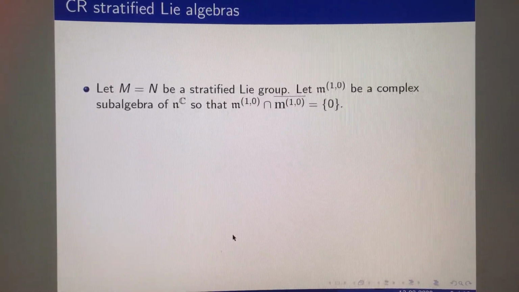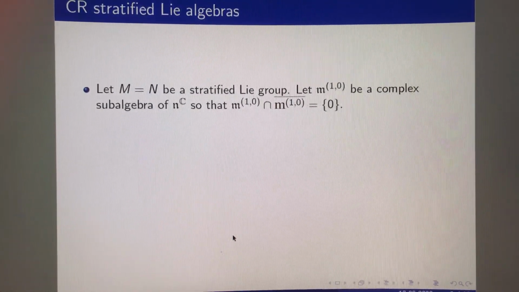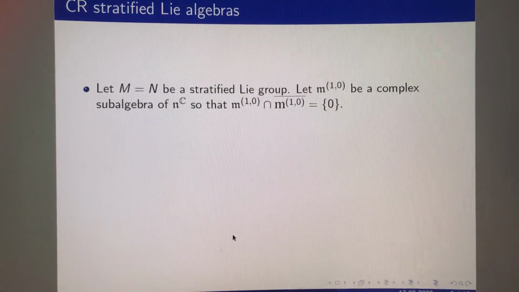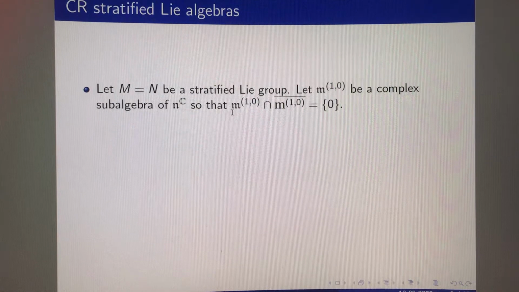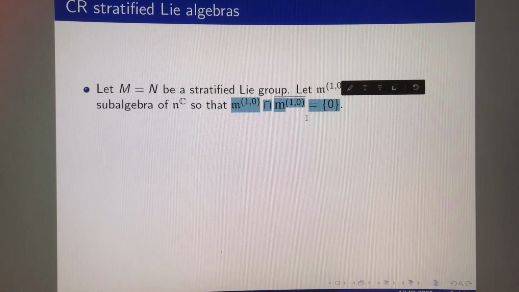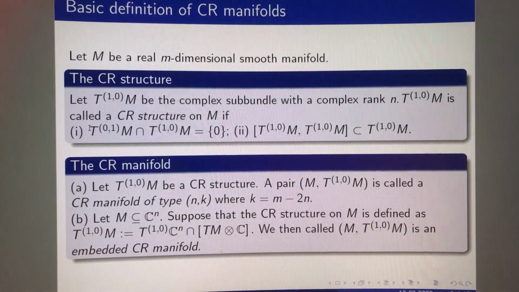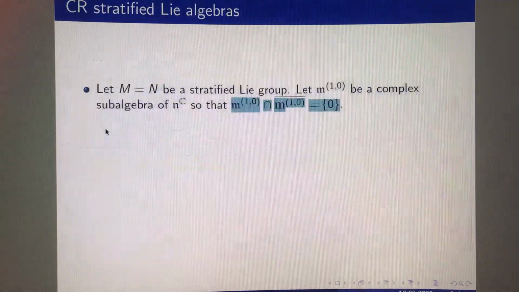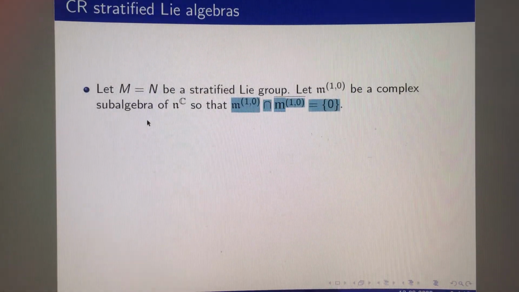So we take M equal to N and M^{1,0} as a complex subalgebra, so that this complex subalgebra intersected with its complex conjugation is equal to the zero element. And so this condition actually satisfies the first condition of being a CR structure. Then we're going to have a look at the second one.